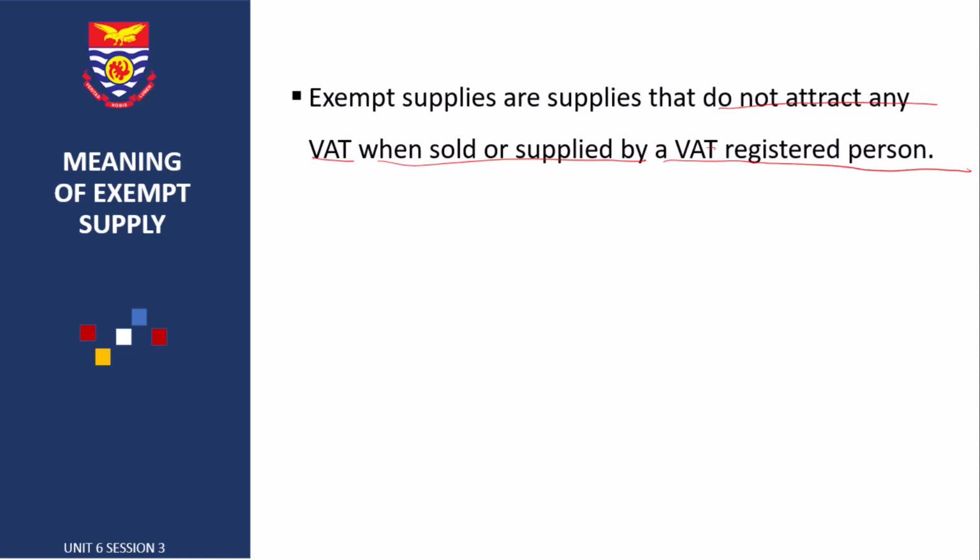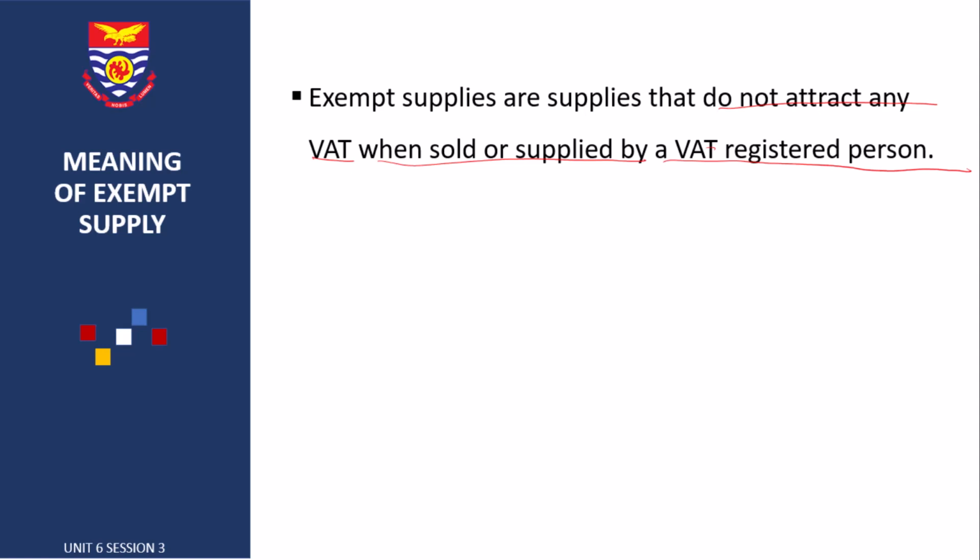In effect, exempt supplies are considered to fall outside the scope of VAT. Therefore, traders who engage exclusively in the sale or supply of exempt goods or services are not obliged to register for VAT, irrespective of their turnover.